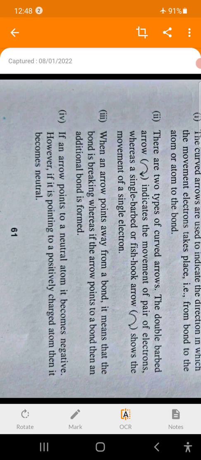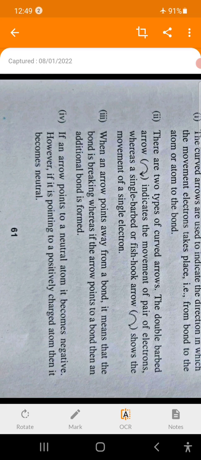When an arrow points away from the bond, that indicates a bond breaking process.